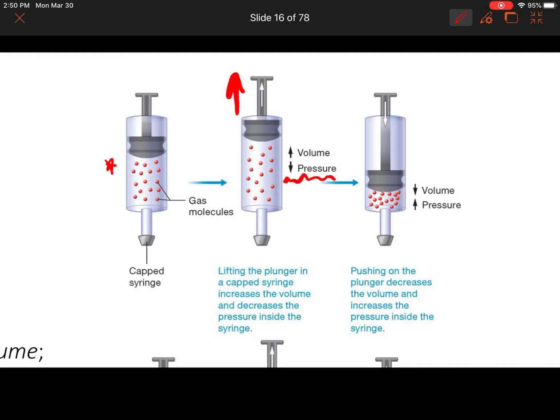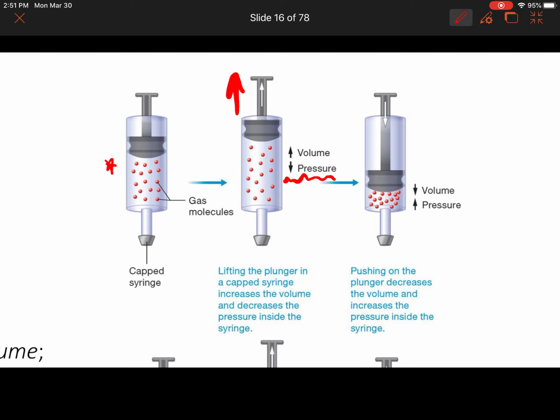Because the gas molecules have more room to move around, their pressure against their container walls is less compared to our starting volume, which is the syringe that's on the far left. So when the volume goes up, the pressure of the gas molecules bumping into each other or bumping against the wall goes down.